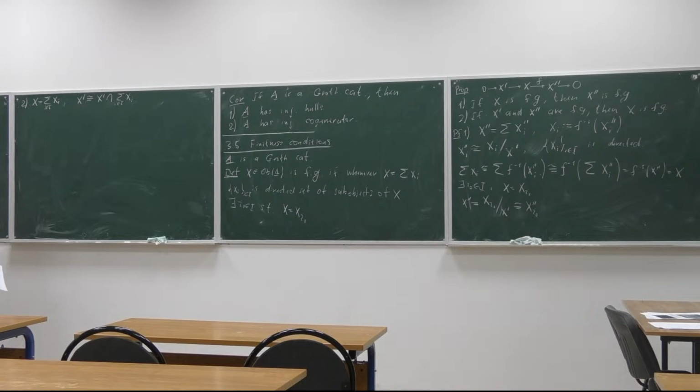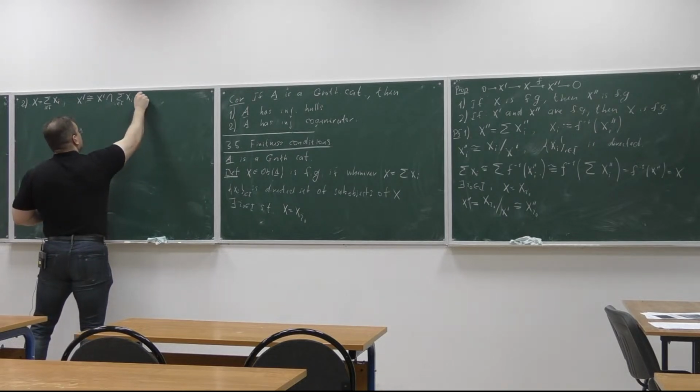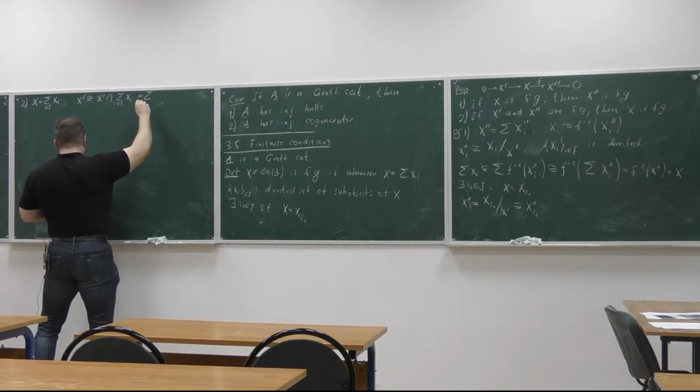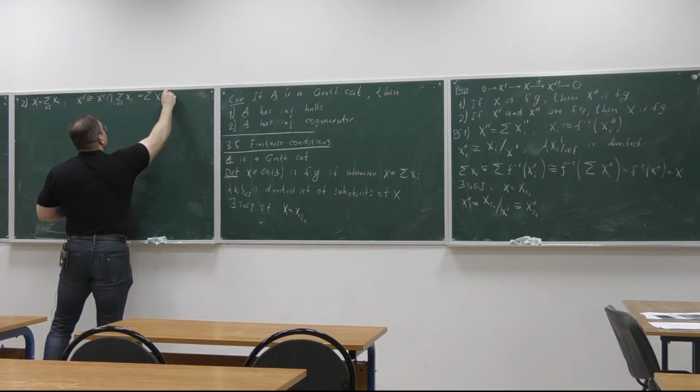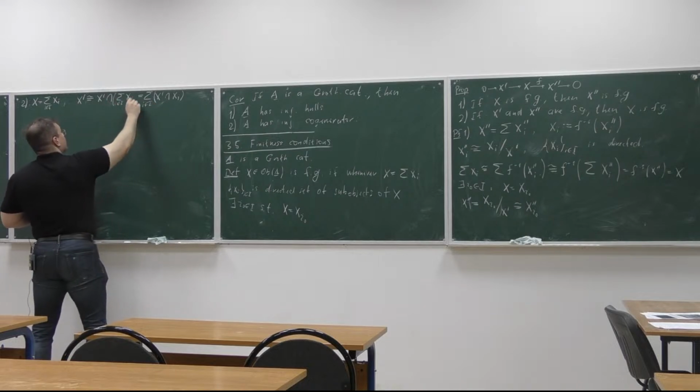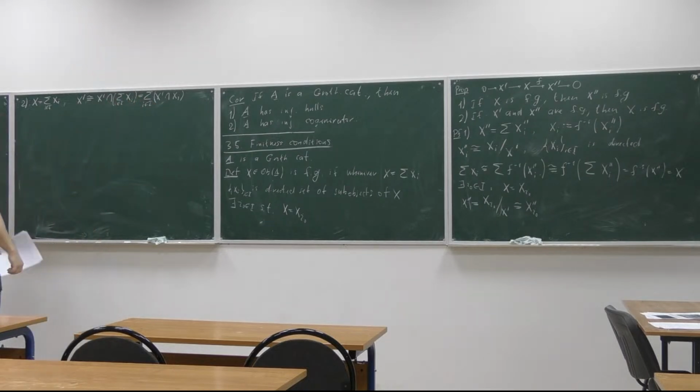Right, so this is a tautological observation. But again, using that we have an AB5 category, this is the sum of the x prime intersect xi. Okay. So we presented x prime as the sum.